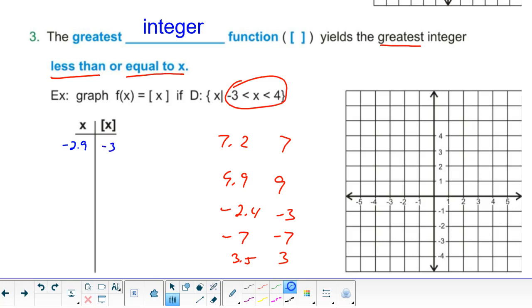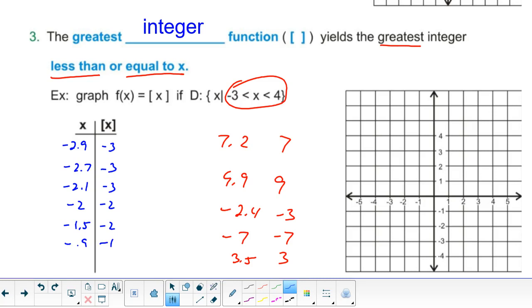I hope you think it's -3. It is. If I go -2.7, it would still be -3. If I go -2.1, it's still -3. When I go -2, now it's -2. When I go -1.5, it's -2. When I go -0.9, it's -1.